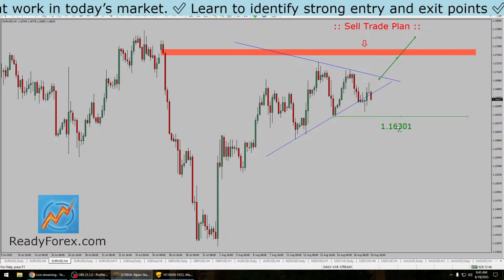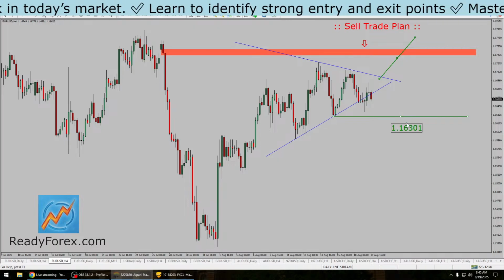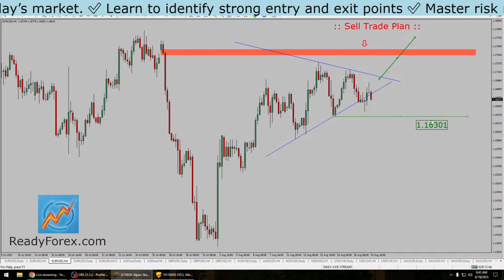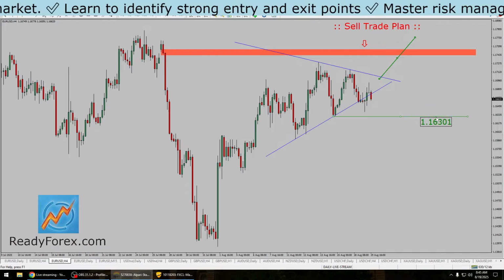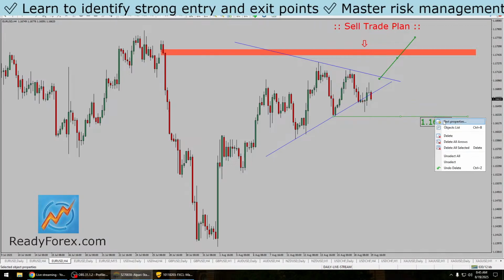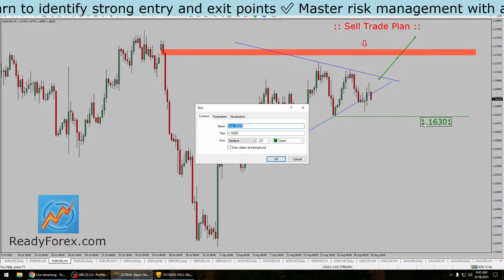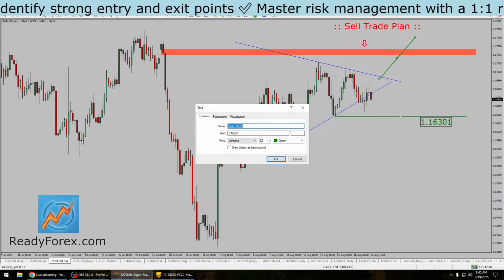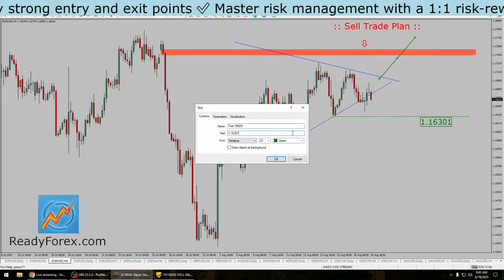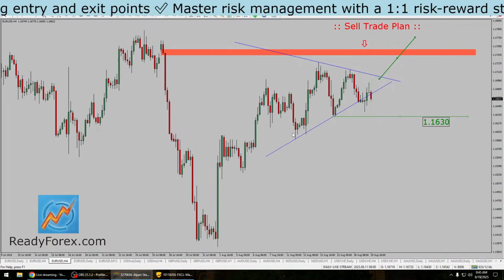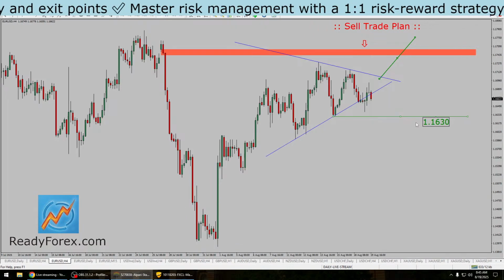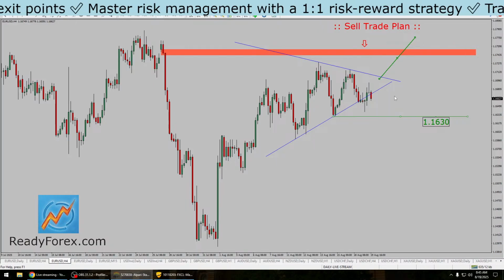So 1.1630, this is the level inside euro versus US dollar currency pair. Okay, 1.1630, that's the support level.